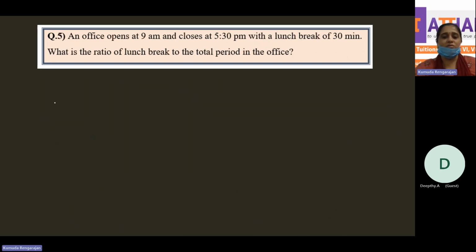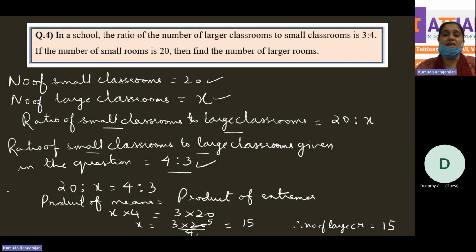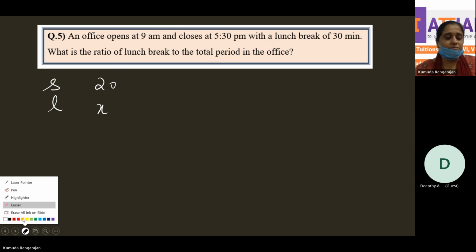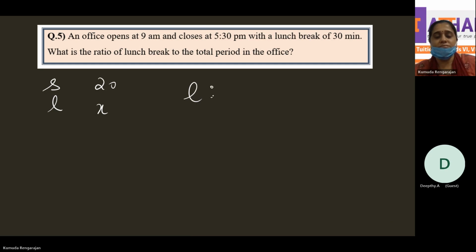See here. This is a different question. We are discussing the earlier one. How many small classrooms? 20. How many large classrooms? X. What is the ratio of the small classrooms to the large classrooms? What is given, large to small? We'll also write large to small. What's the ratio large to small? 3:4. Correct?